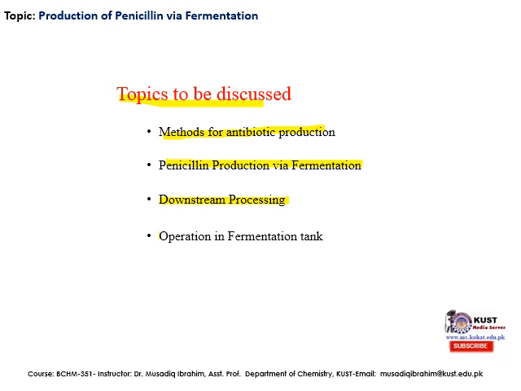Also is the operation in the fermentation tank, how the microorganisms are put in the fermentation tank, and then they are provided with specific food nutrients through which they can grow, and as a result their metabolites also grow, and indirectly the penicillin, which is a secondary metabolite, is also produced by the microorganism, and then later on it is purified and extracted out from the fermentation tank.